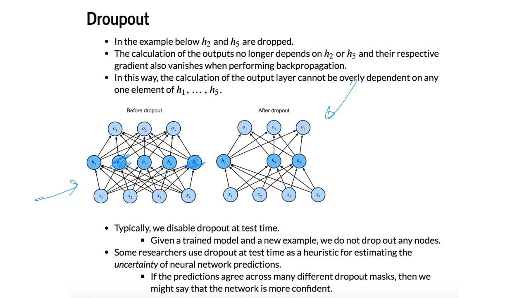Dropping them means that we set them to 0, and this is for one specific input. So the second and the fifth neurons are dropped. Now, if I process another input, another image, randomly some other neurons will be dropped. So for a different input sample, different neurons are dropped, and each neuron is dropped with a probability P.